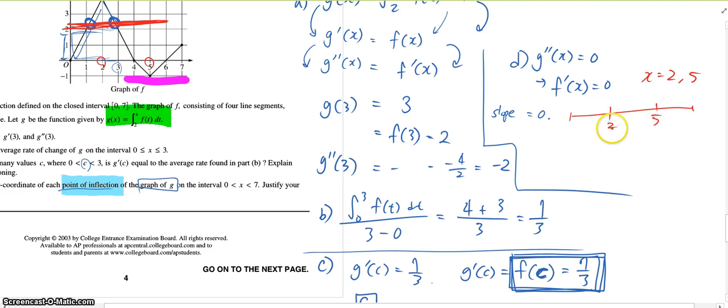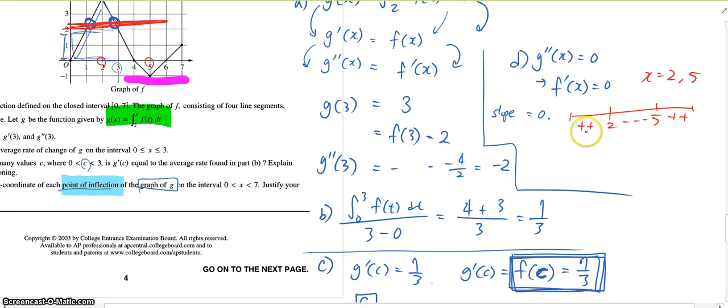For example, below 2 we can put in 0. At 0, f is increasing, so that means it's positive here. Then after 2 it starts decreasing, which is negative. Then from 5 it increases again, which means it is positive.